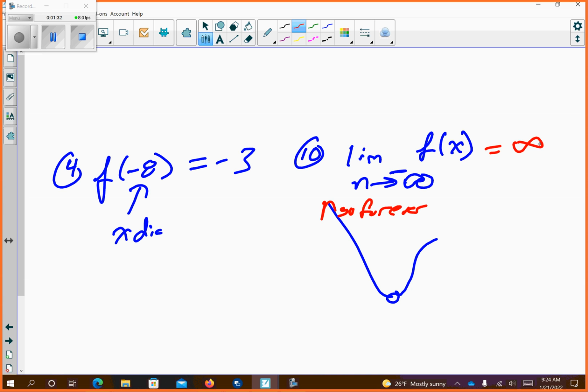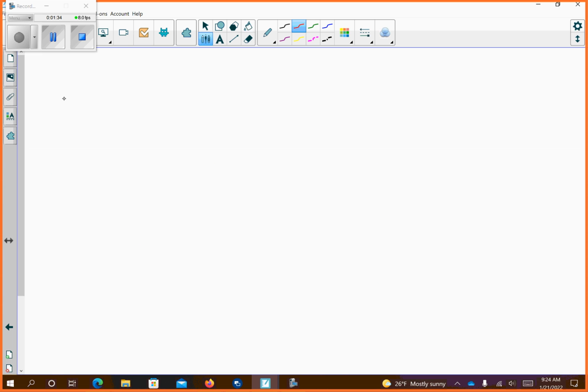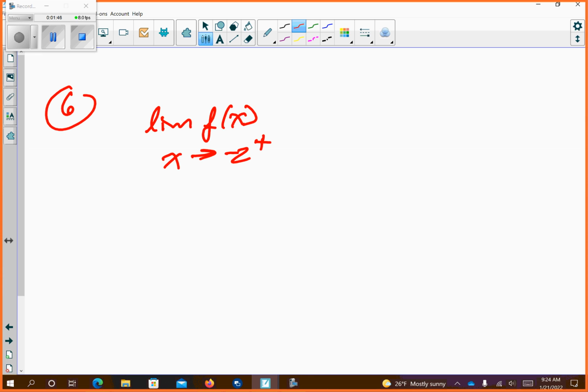I can do 6. Number 6, limit of f of x as x goes to -2 coming from the positive side, so coming from the right. So at -2, you have this doing that, and then you have the other graph doing something kind of like this.